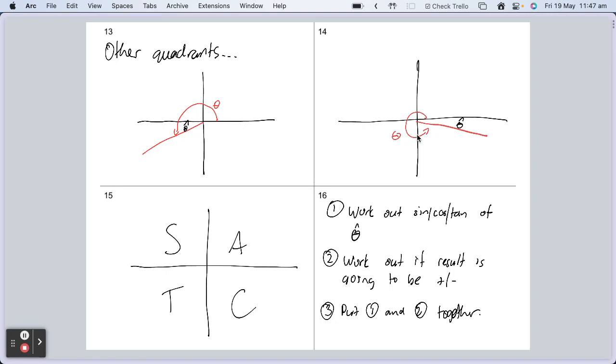So effectively, the reason why I don't spend too much time talking about beyond 2 pi is that if you've got beyond 2 pi, all we do is just take off multiples of 2 pi until we're back to it, because the angle measurement for going round 50 million times and ending up here is effectively going to be giving me an xy coordinate as if I just looked at it from here. So if I've gone for 50 pi, I just have to cycle around 25 times and I'll end up there. So that's going to be the equivalent of sine, cosine, and tan of 0. It's going to be the same xy coordinate. Okay? Is that okay?